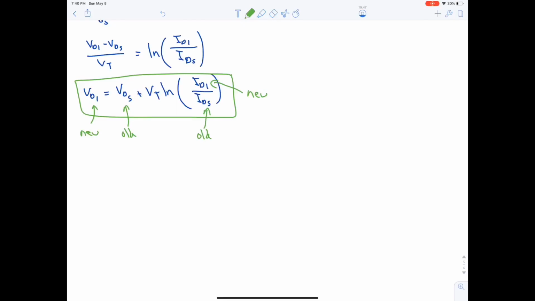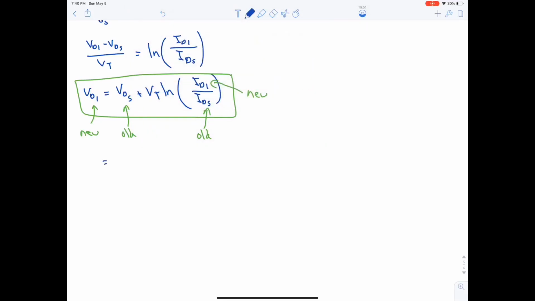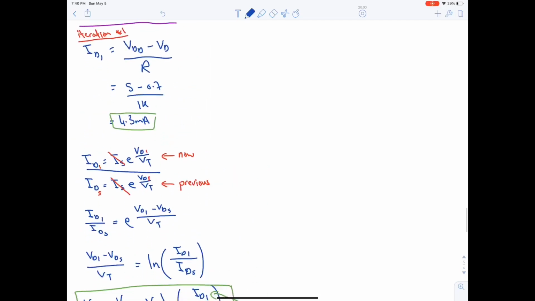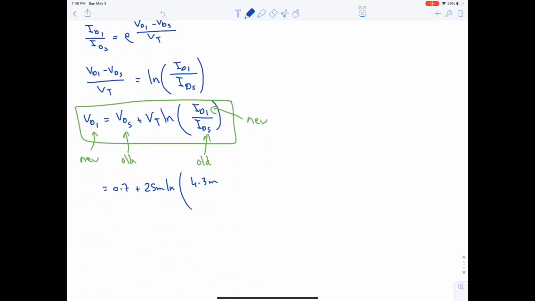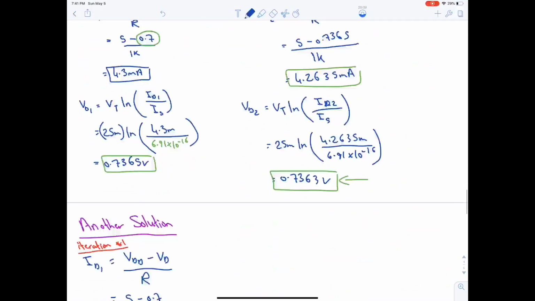Okay? Let's plug in numbers now. So VDS, we said it's 0.7 plus 25 milli ln ID1 was 4.3 milli, here 4.3 milli, divided by IDS. IDS was 1 milliampere.